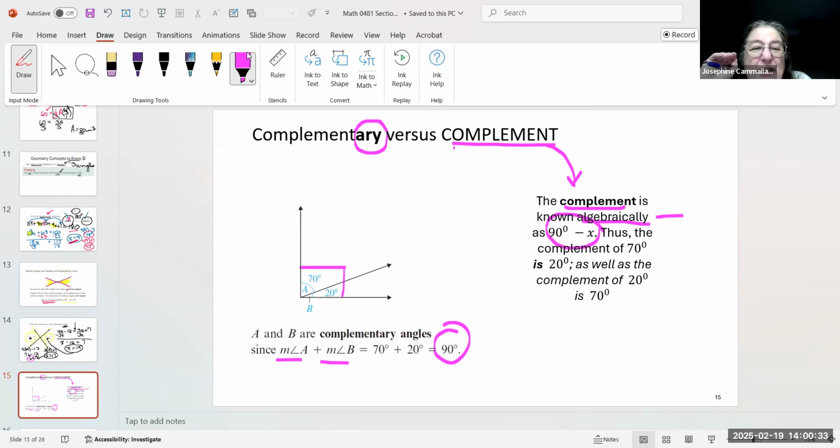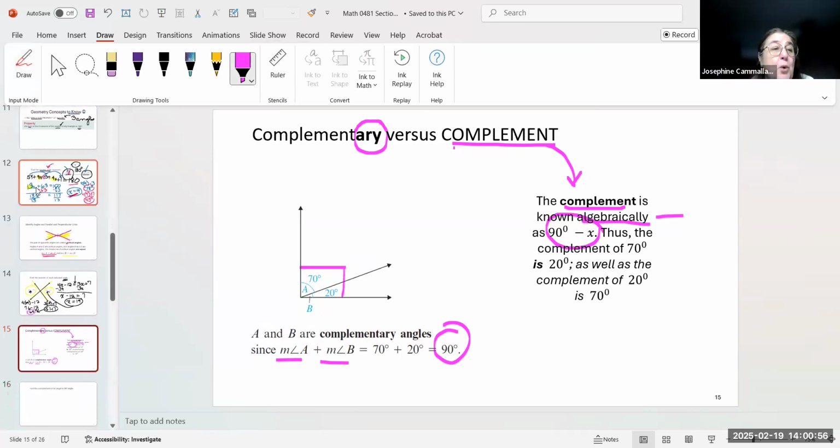But if I'm told that the angle x is 20 and I want its complement, it's 70 because it's 90 minus 20. Complement means take the single angle and subtract it from 90.